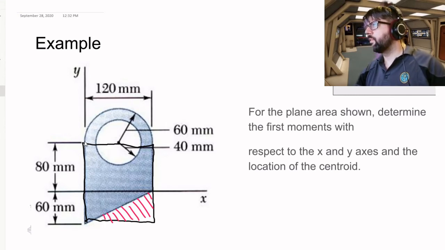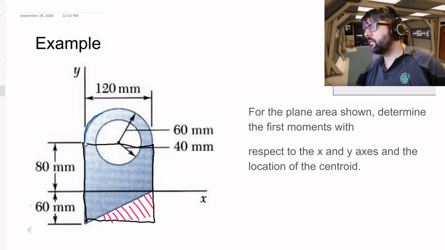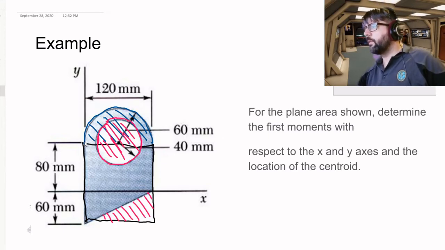We're going to add to it this semicircle here. And then we're going to subtract from both those things this circle here.